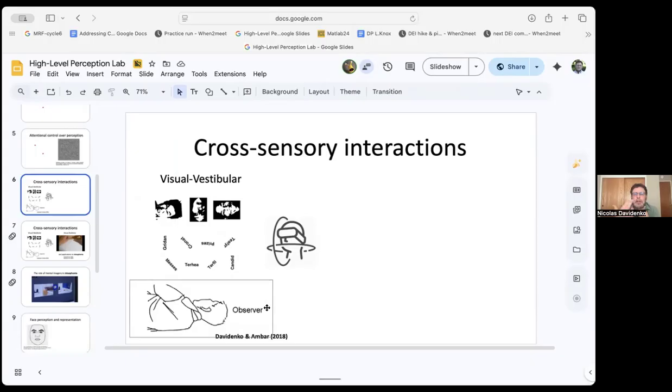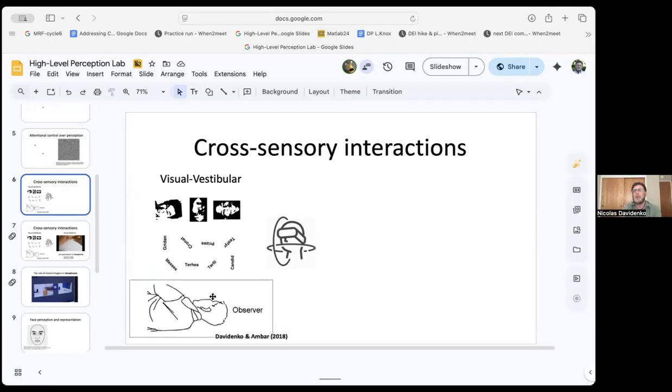And what we've shown across several studies of this type is that when people are tilted, they maintain some preference for upright stimuli in the environment. That means that even if I'm tilted as an observer, I still do better at perceiving words that are upright or a little bit tilted the way that I'm tilted, but not the ones that are fully tilted the way that I'm tilted.